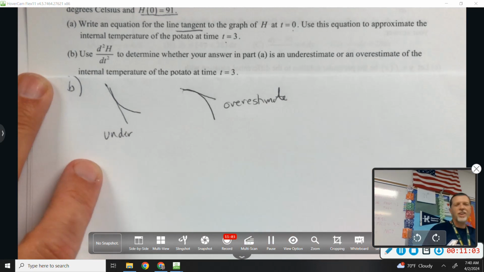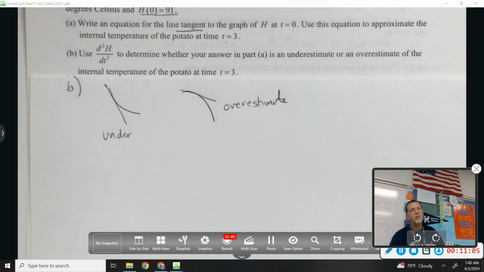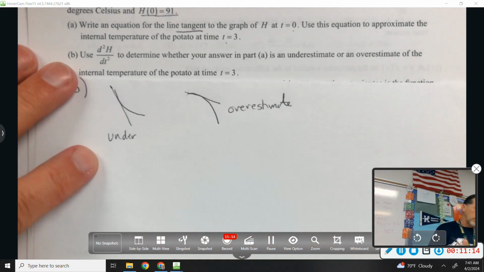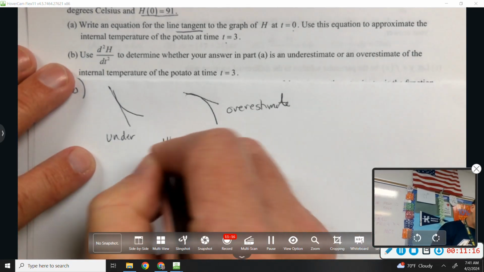And again, those are things that you don't really memorize. You sketch them out and remind yourself of what's going on. So I need to figure out its concavity, and then I can use that to figure out if it's an underestimate or an overestimate.